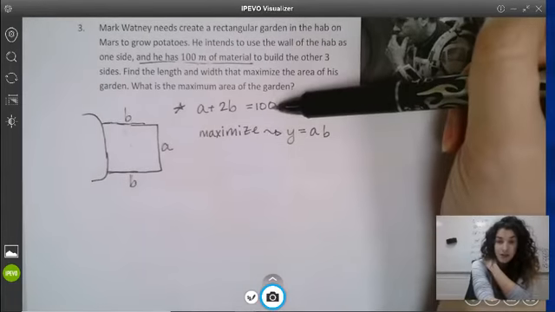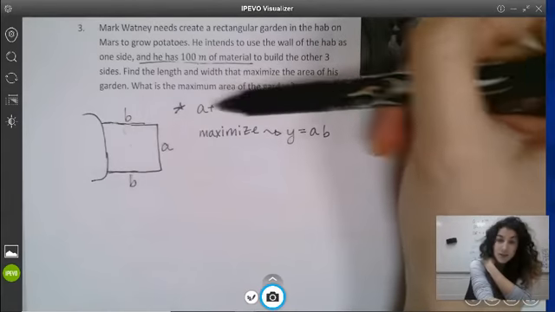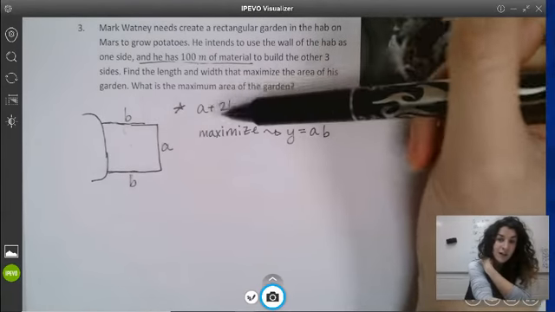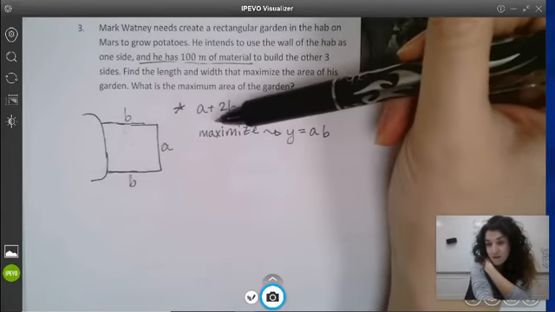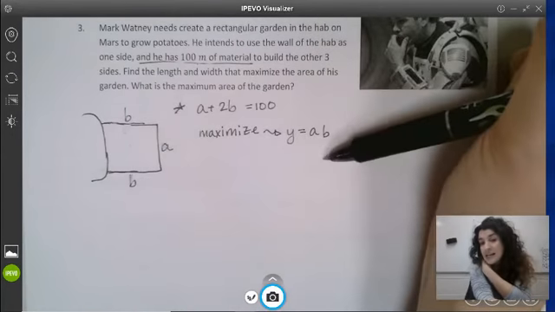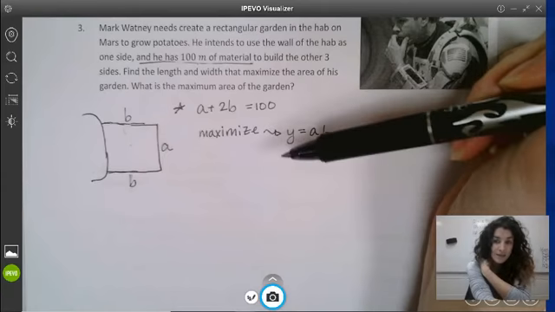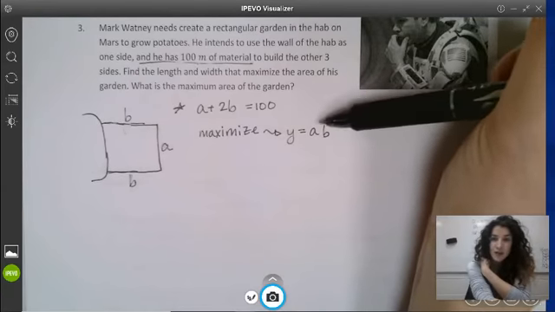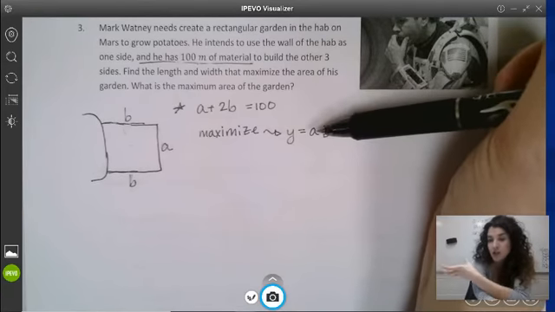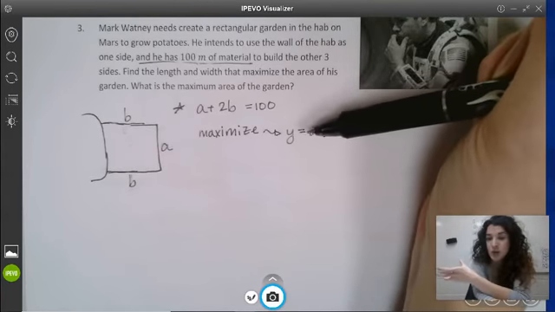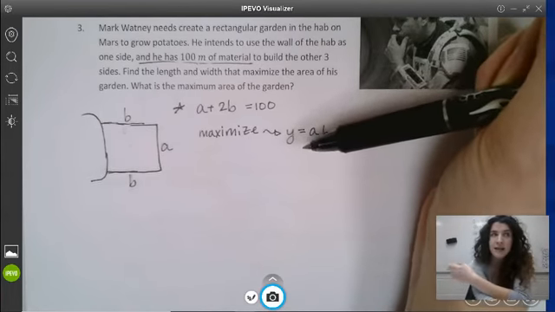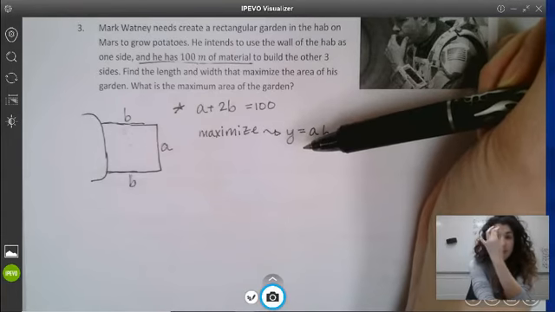But I have another equation here, and this other equation includes things with a and b. So what if I isolated for a variable and then substituted it into this other equation? It would eliminate the second variable. I could either turn b into an expression in terms of a, or I could replace a with an expression in terms of b, and then it would only have one variable.